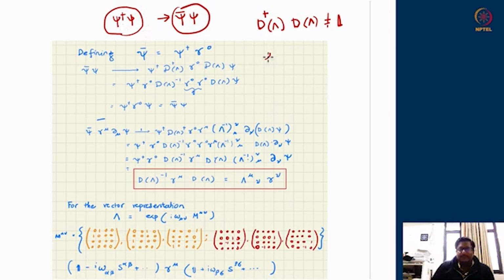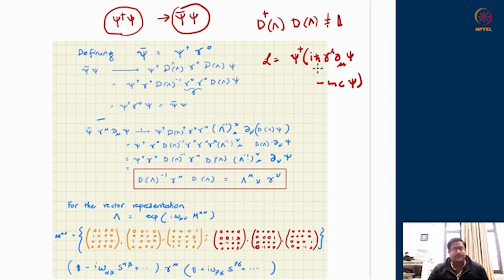Remember, the Lagrangian which we proposed initially was something like psi dagger i h bar gamma mu del mu psi minus mc psi. So this kind of Lagrangian we thought would do our job of giving rise to the Dirac equation, which it does.